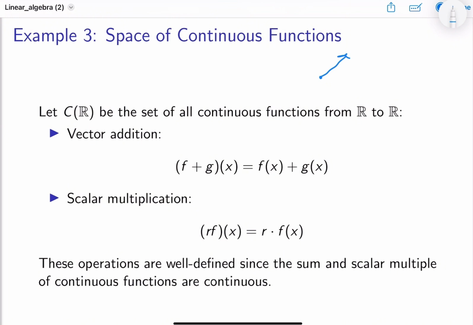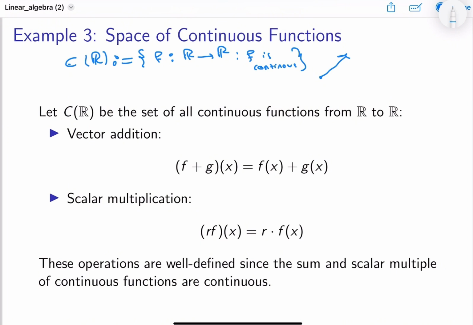How do we see that? Let us define the set that we're talking about. C of R is defined to be the space of functions f from R to R, from the real numbers to the real numbers, such that f is continuous, right?